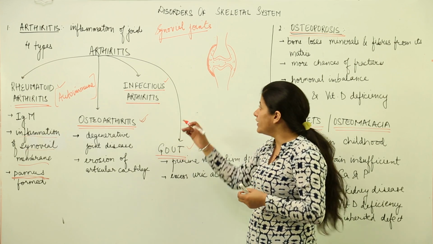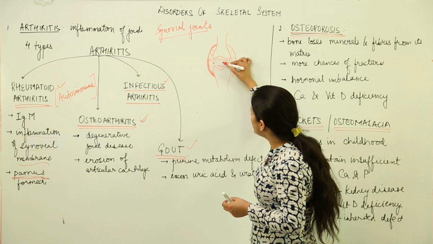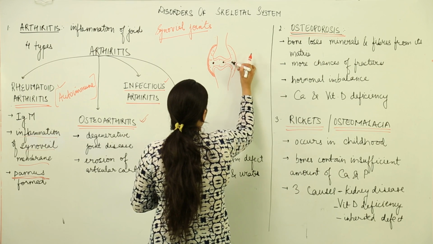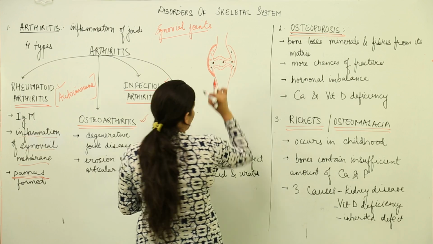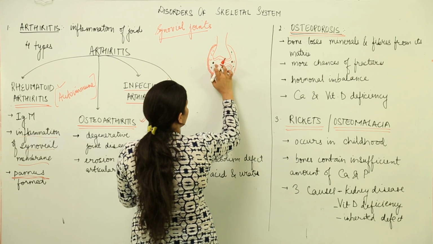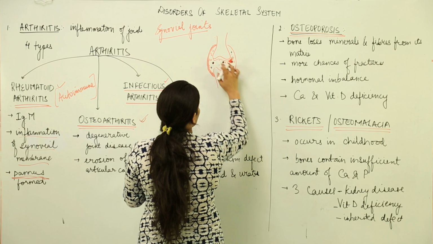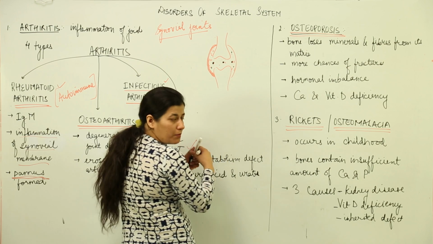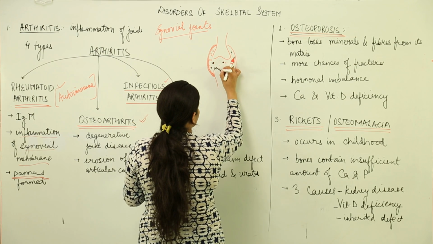What happens, these granules known as pannus, when they are present in excess over here, they start rubbing against the articular membrane and they cause its erosion. As a result of erosion, this articular membrane, because it is responsible for easy movement of the joints, it gets eroded, it exposes the bone and the bone becomes like this.